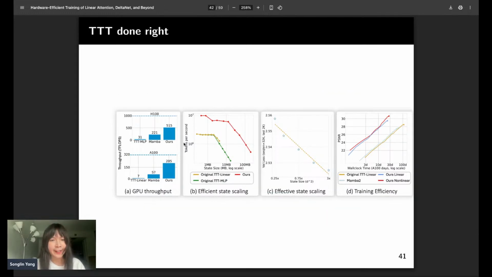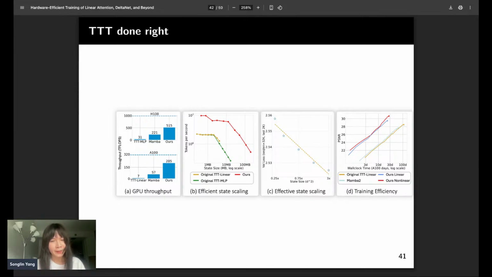And here we have some GPU throughput comparison. We can see that TTT linear was very slow on A100. Yeah, I know these TTT models can be very fast on TPUs, but for GPUs they are very slow. And we can see here we have the throughput comparison, and this TTT linear and TTT MLP are super slow on GPUs.